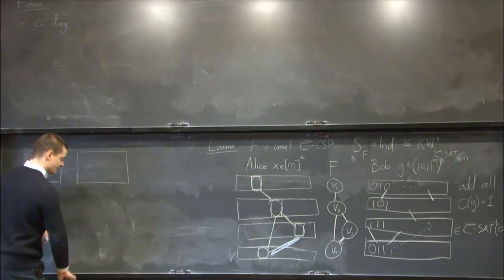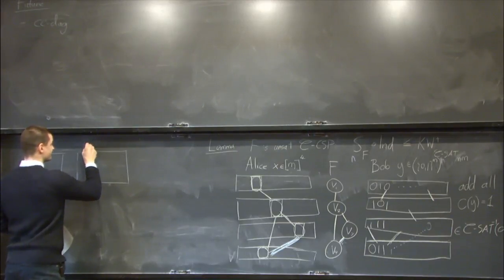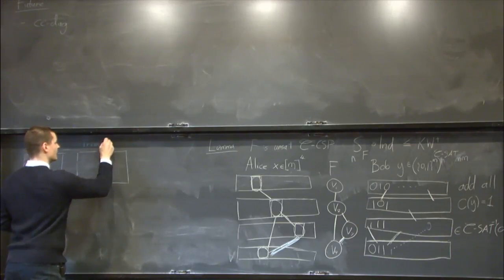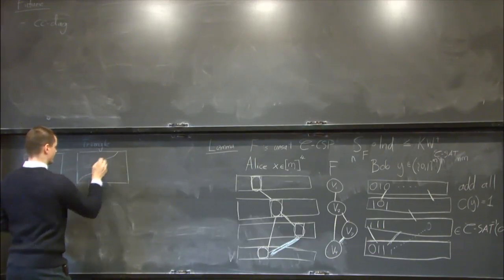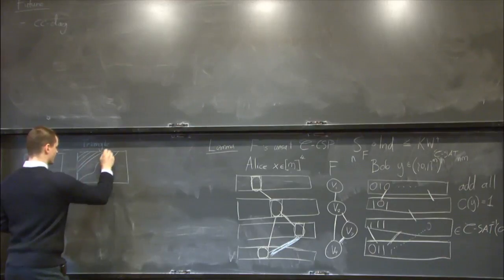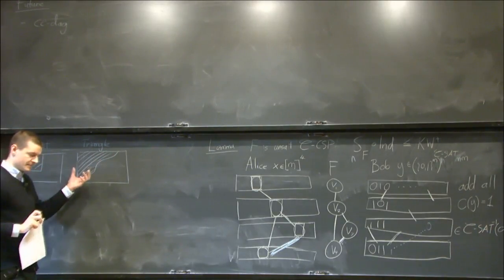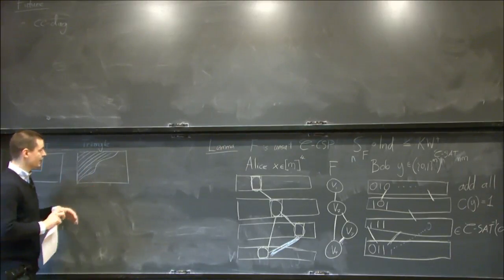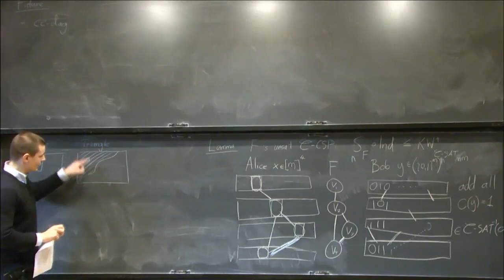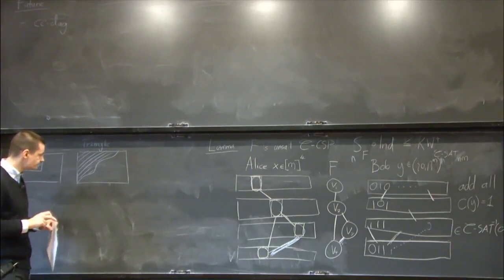And one such example is, I call them triangles. So that's a set like this. It's a Boolean matrix such that there's some permutation of rows and columns so that each row and each column is monotonically decreasing or non-increasing.